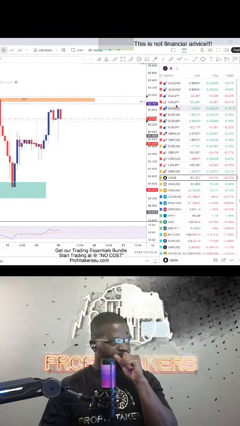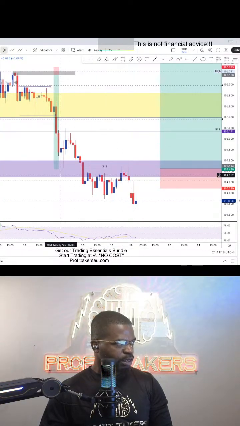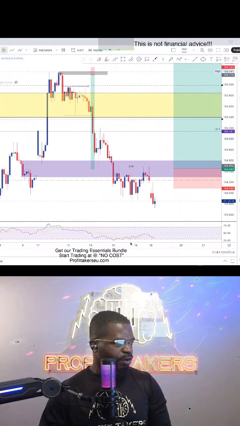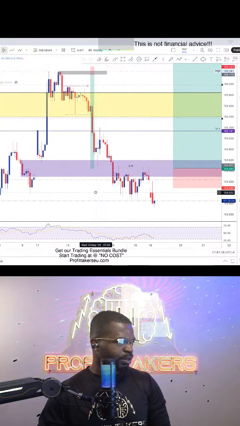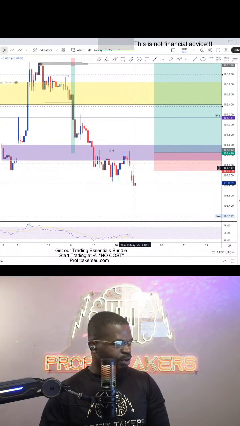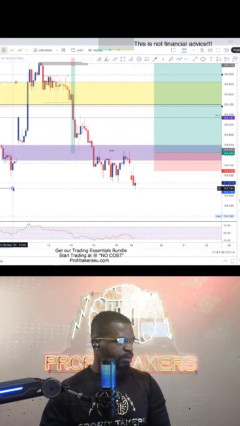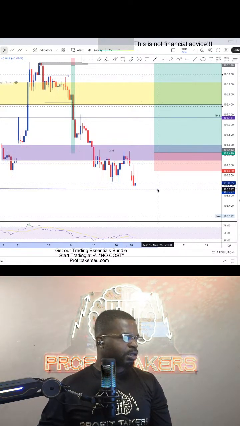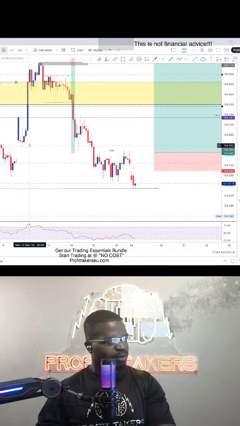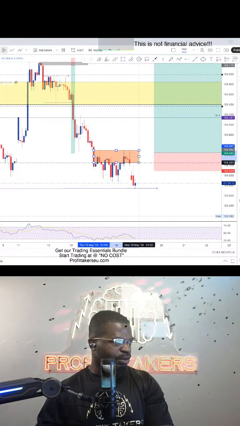CAD. Let's look at CAD JPY. All right, so we sold to this area looking for a buy that did not happen. Okay, price just wicked up to fill this gap. Looks like it's about to fall. Oh, look at that. So this thing is pretty much doing the same thing that I believe was AUDCAD, where it created range. You got price trending sideways.